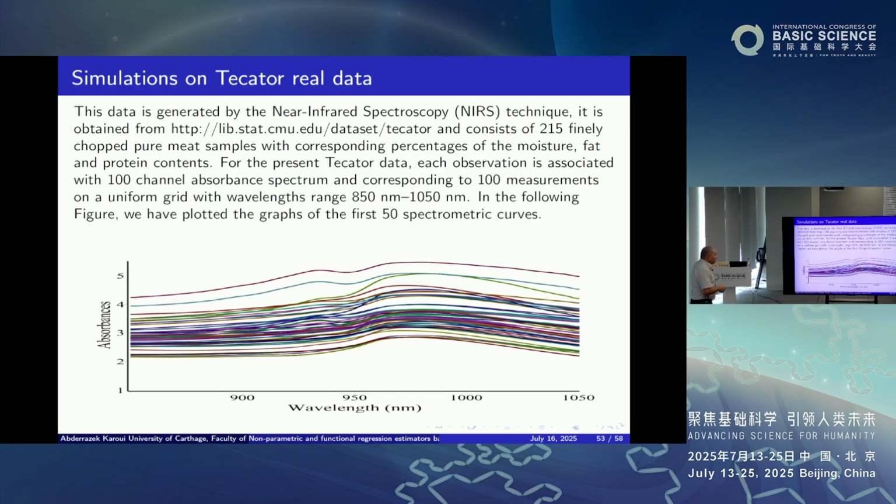It is a technique to get an idea of the chemical components of, say, fruit or meat or other things by using light beams, and we can consider this as a random process. So these are actually 50 copies of the random process obtained by the measurement.